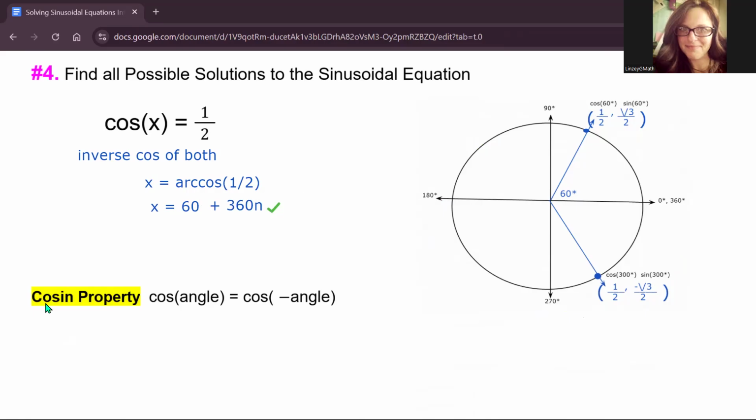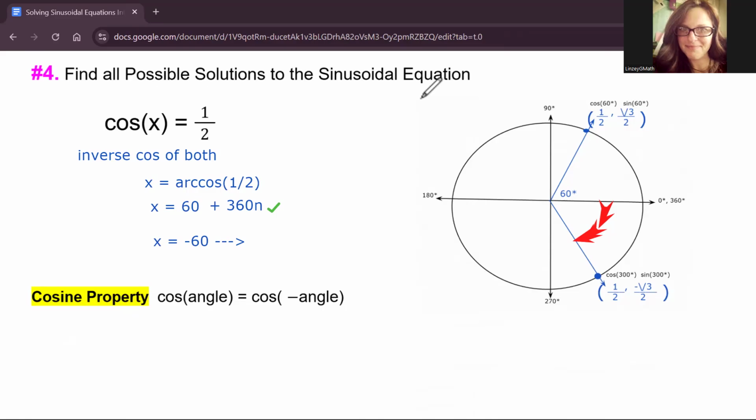Let's take a look at the cosine. Oh, I just realized I'm missing the e. Let's put that in there. Cosine property. Cosine of an angle is equal to cosine of negative angle. So x is also equal to negative 60 degrees. But we want to express this angle as a positive angle. So negative 60 degrees.